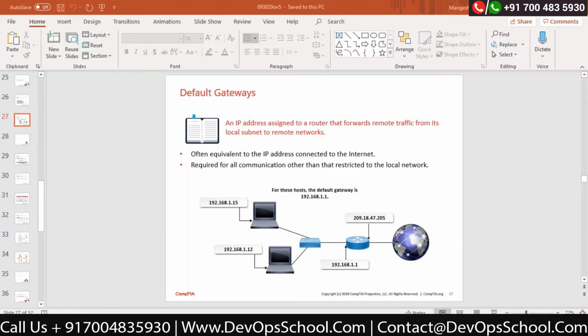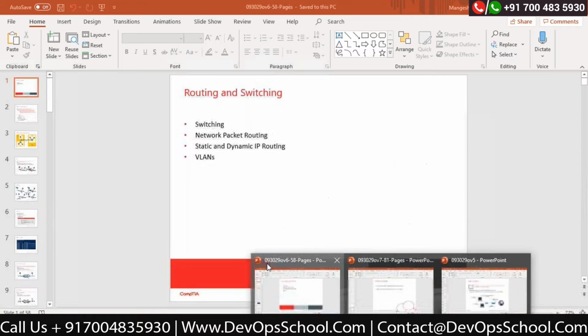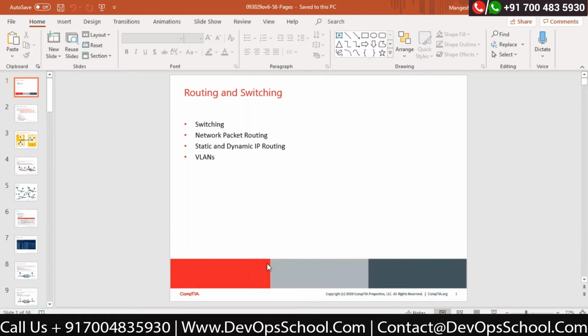which is very interesting, and this is a chapter which we will be covering in CCNA in depth. Okay, so routing and switching. These are very important techniques which you are learning in CCNA in depth, how this particular thing happens.